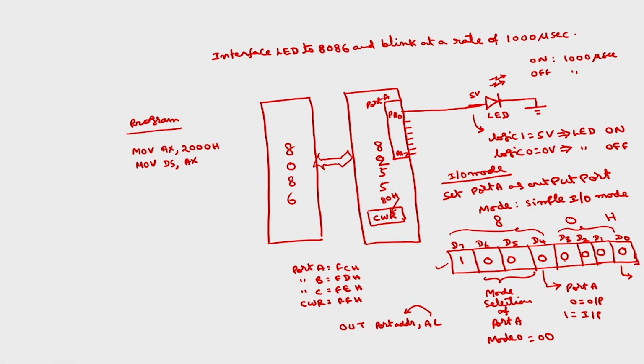Similarly, if it is 16-bit data, we can have OUT port address, comma AX, but here we are assuming only 8-bit port addresses. First I have to load the control register with 80H. Whatever data I want to output, first you have to take into the AL register by default.